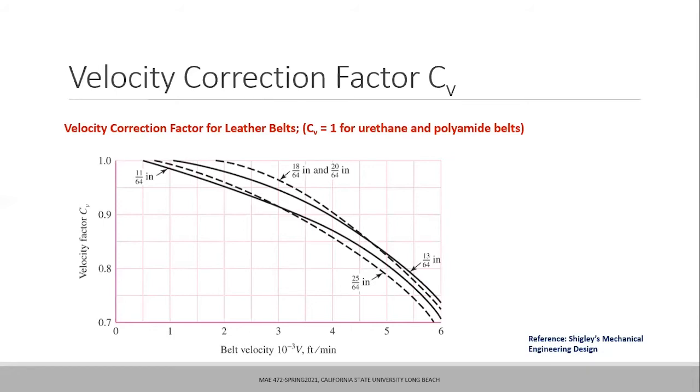To take into account the wearing tendency of the belt material, these correction factors are used, which say that if the velocity exceeds a certain amount, then this is the correction factor you should take into consideration. Of course, there are certain materials like European polyamide belts where the speed of the belt does not affect the wearing tendency of the material. In that case you don't need any correction factor. For that case, CV is just equal to 1.